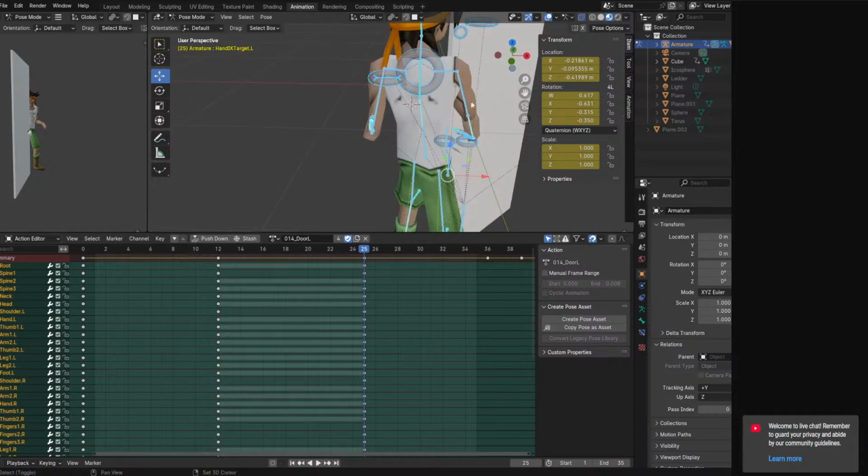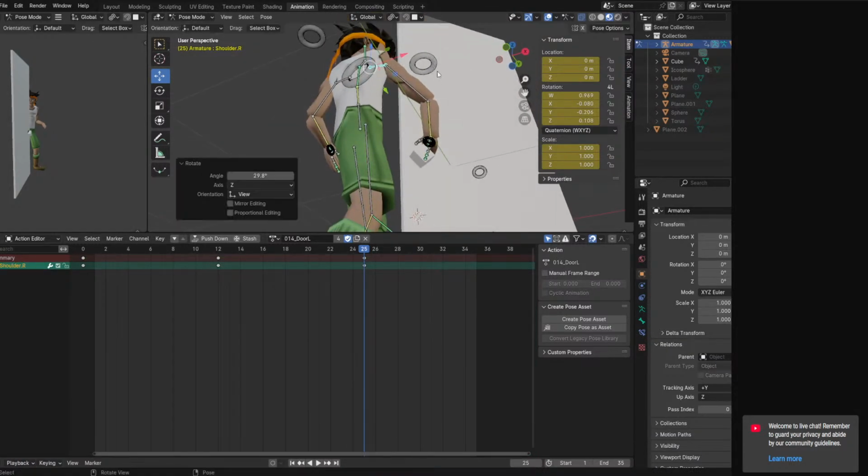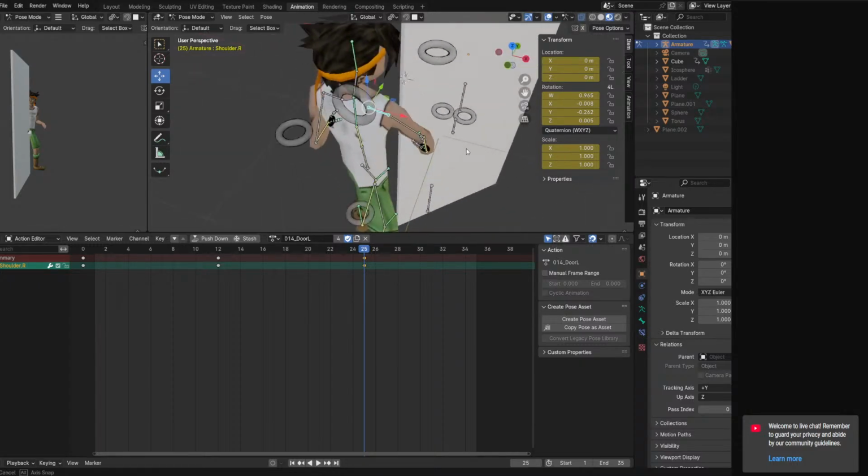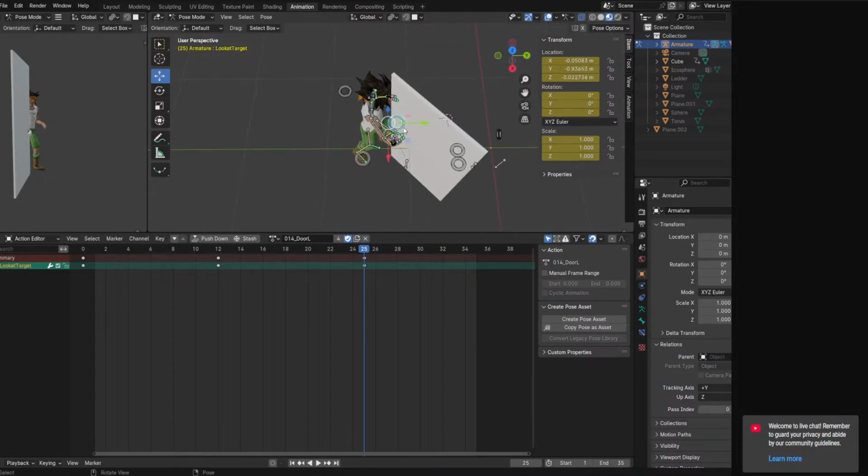Just make a few adjustments here. Just shoulder down. Ooh, his elbow is kind of pointing a weird way.